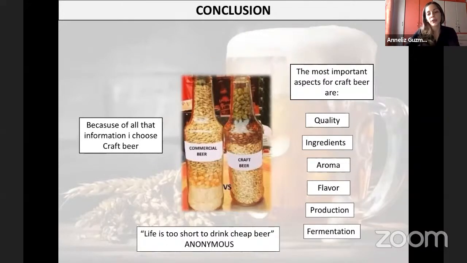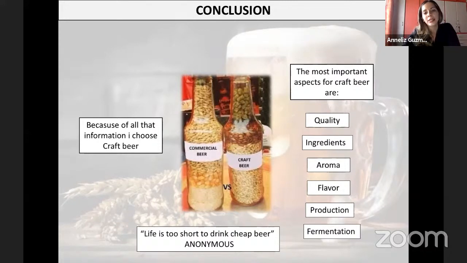And I want to add that craft beer has more nutrients compared with industrial beer, because craft beer you don't filter, and industrial beer you filter. And in industrial beer, they add preservatives and colorants.